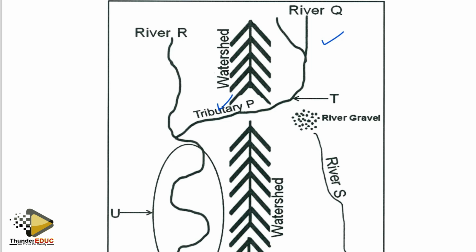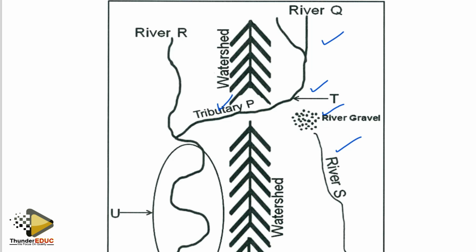And where the stream piracy took place, this particular point here, the bend around here, this is what we call the elbow of capture. Then this river here, which continues after river capture, is what we call the beheaded stream. And then this part here, which marks a gap between the old river which was feeding into this one and the new river starting from here, is what we refer to as the wind gap.